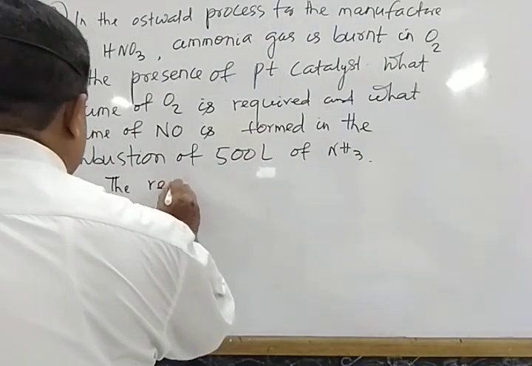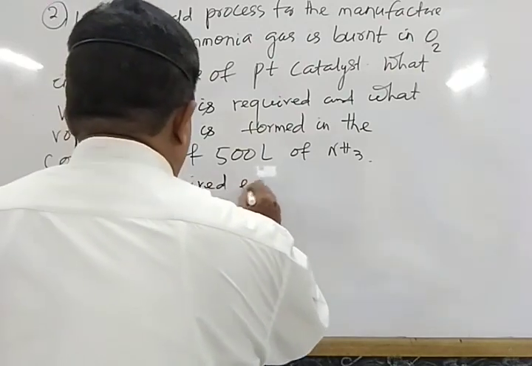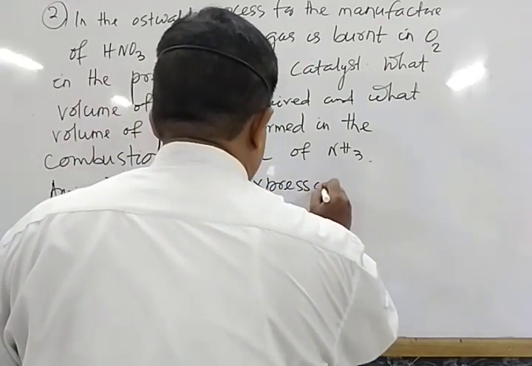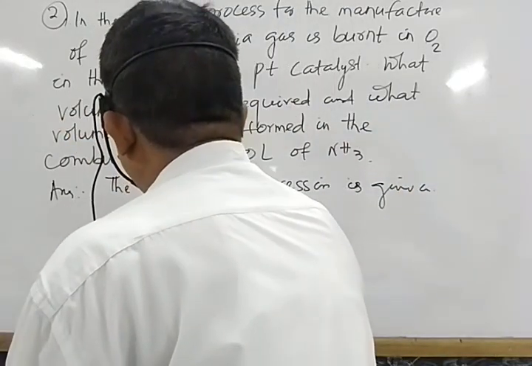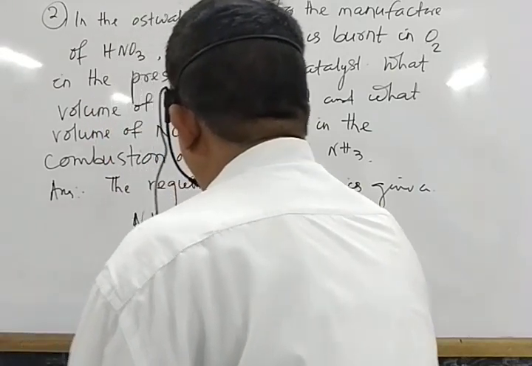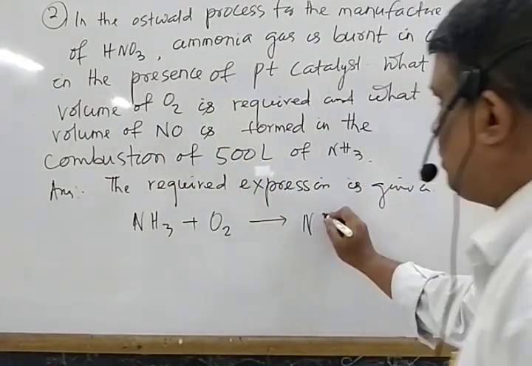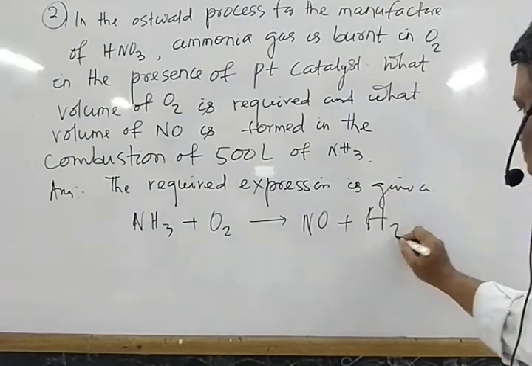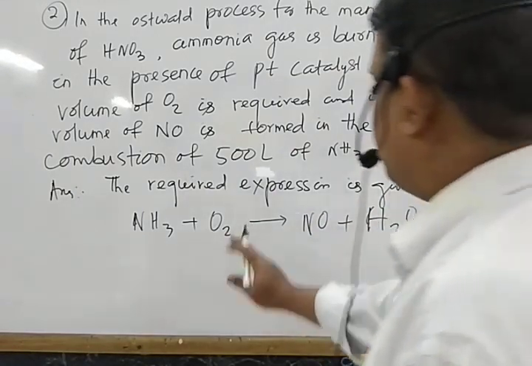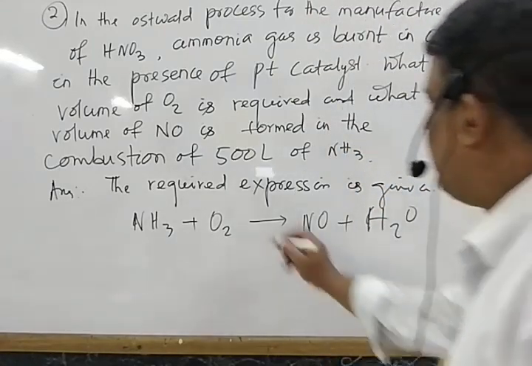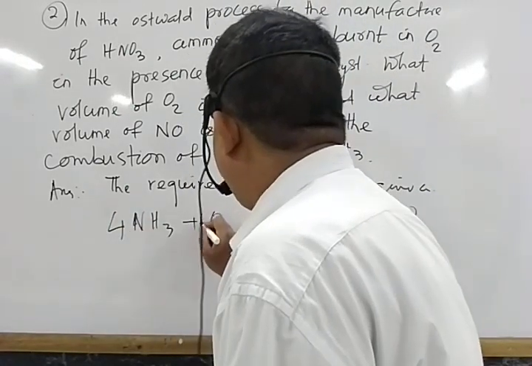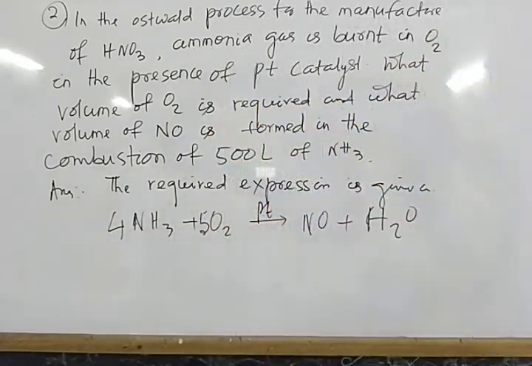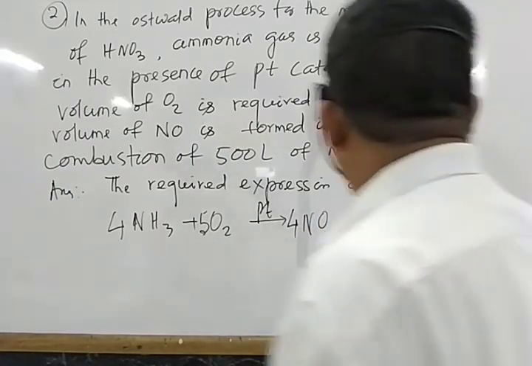The required expression is given as NH3 plus O2 gives NO plus water. Ammonia on combustion gives nitric oxide and water in the presence of platinum catalyst. On balancing, 4 mole of ammonia combines with 5 mole of oxygen to form 4 mole of nitric oxide and 6 mole of water.